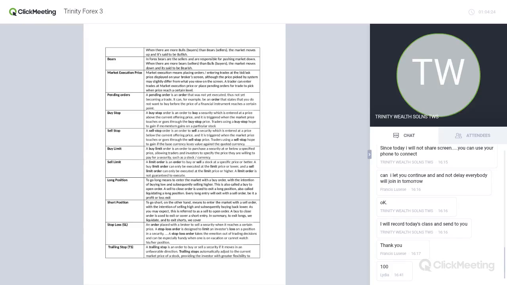That's a sell stop. Then we have the buy limit. The buy limit order is an order to purchase a security at or below a specified price, allowing traders and investors to specify the price they are willing to pay for a security, such as stock or currency. For a buy limit, you watch the market, you see the market has been going down and down, but you say the market is likely to exhaust at a certain level.